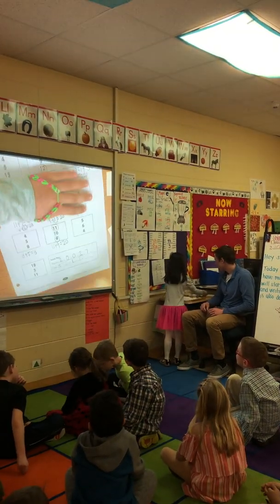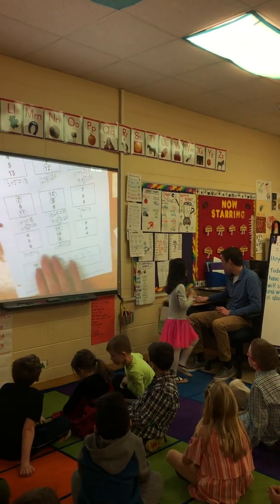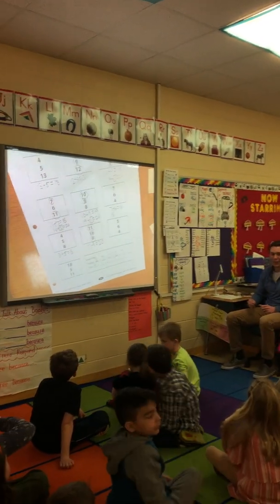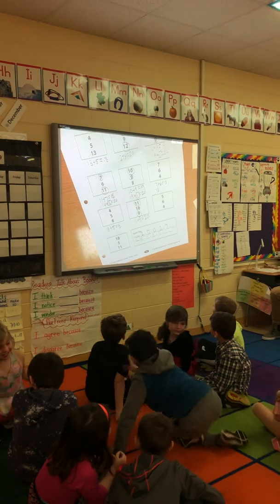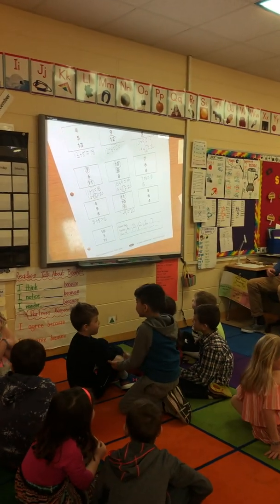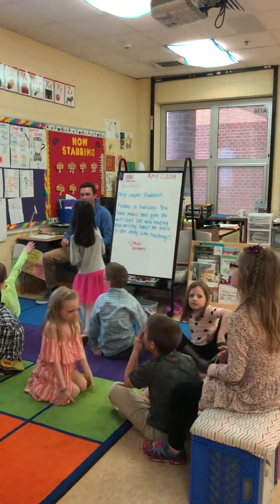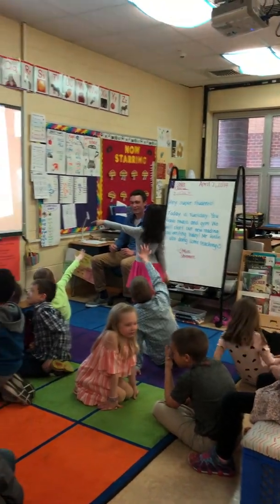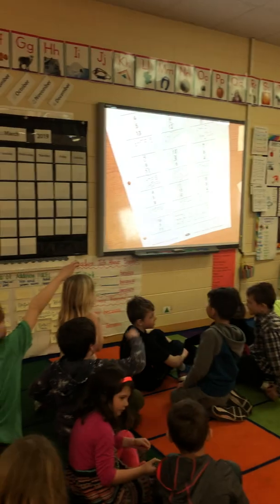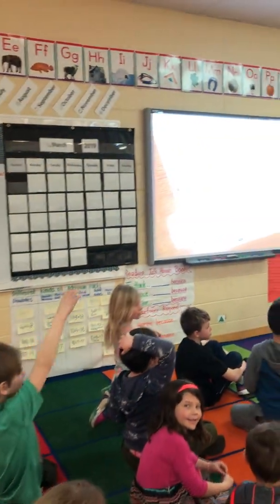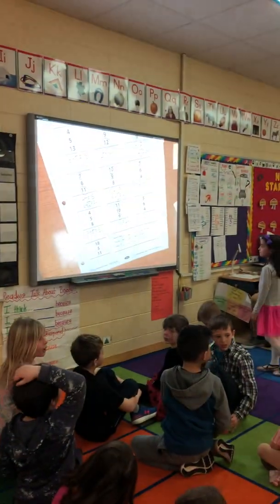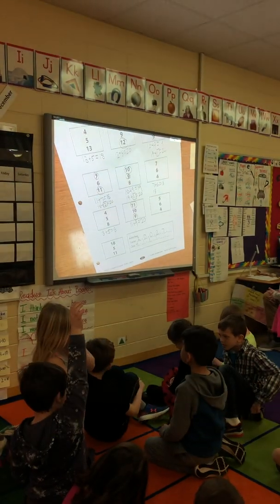You have to pick that one. Oh. All right. Talk with your partner. What do you think? You want to write it up for sure? All right. What do you think the best answer is?